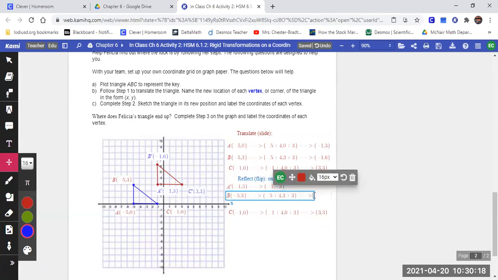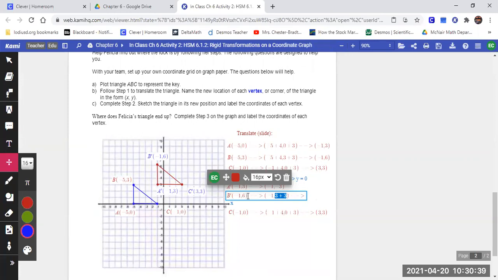So what do we think this one has to be? If my original one is 6 above and I fold the paper down, the X doesn't change, but the Y is going to become what? 6 below. So what would we say?